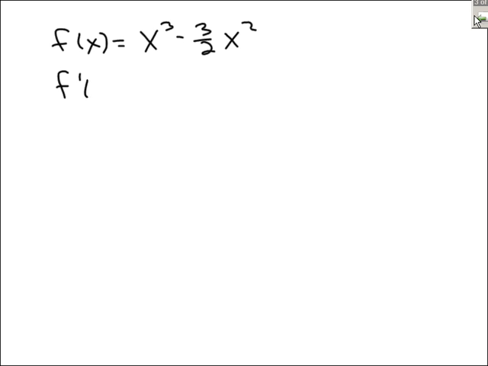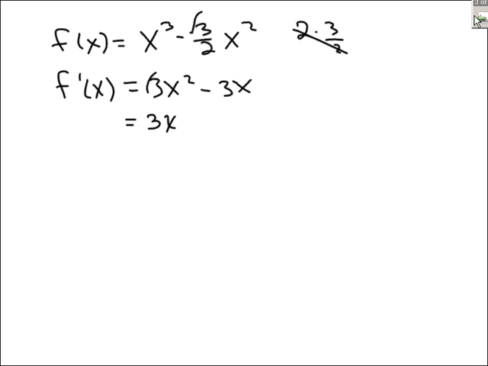So the derivative tells us, first derivative test. Well, it's 3x squared minus 3x, because when you bring the 2 down, 2 times 3 over 2 is just 3. Okay, and like I said, you always factor the derivative.